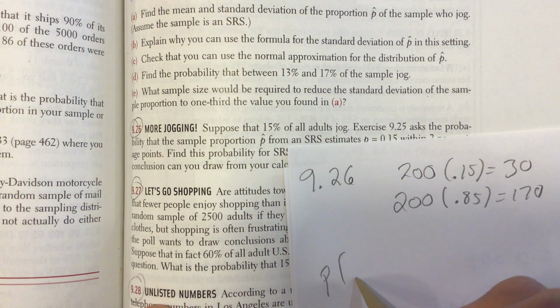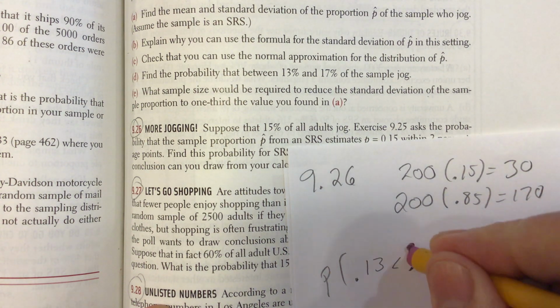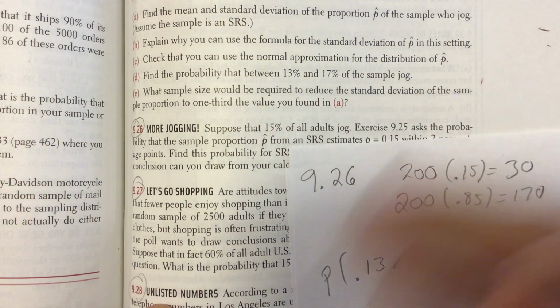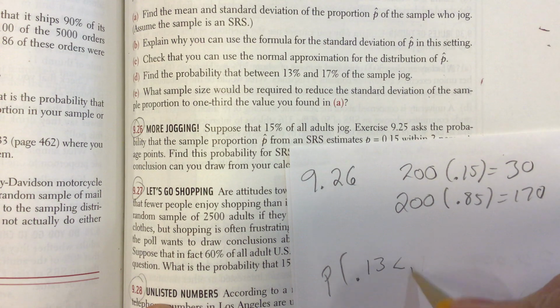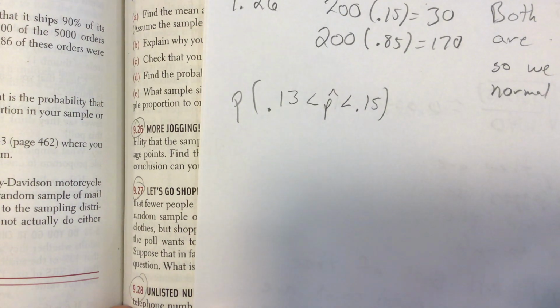Okay, so let's do it. Probability that we are within, oops, sorry, that's p hat there. Okay, convert to z-scores.